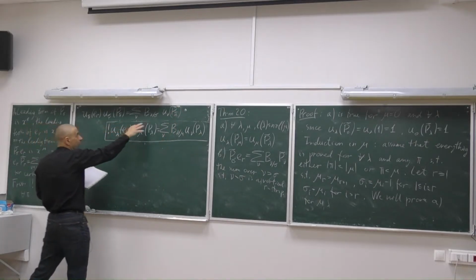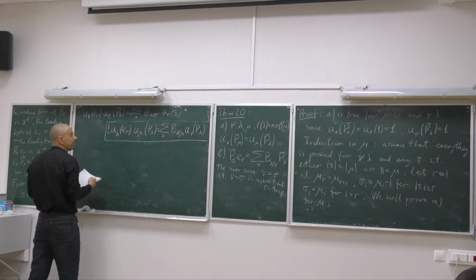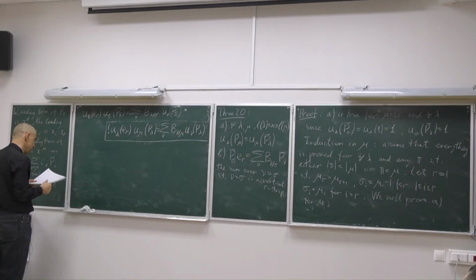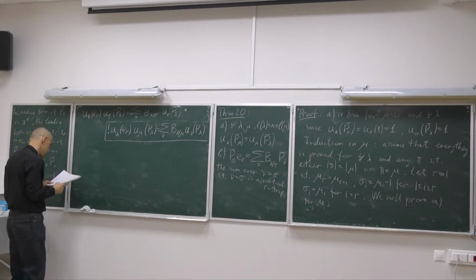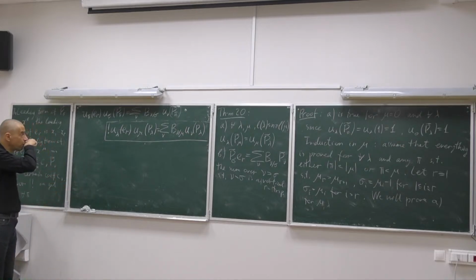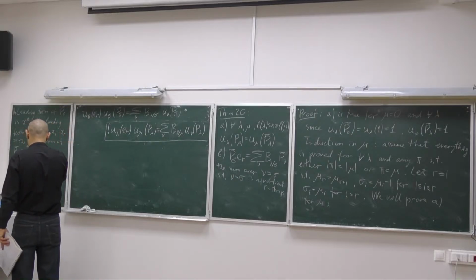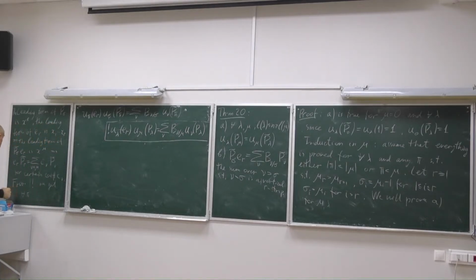And again the sum over all nu such that the difference nu and sigma is a vertical R strip, as always. Yeah, that's just because of leading terms.